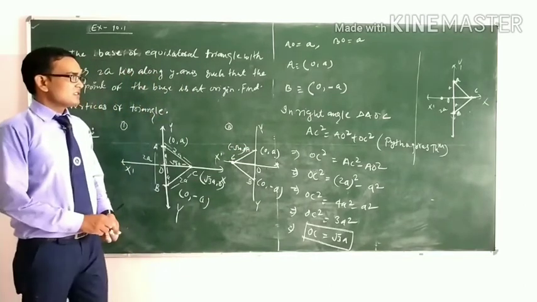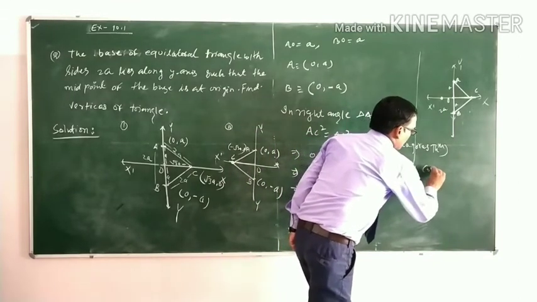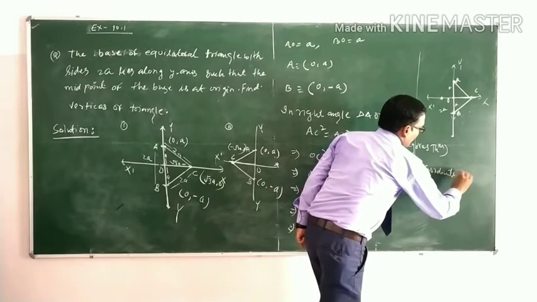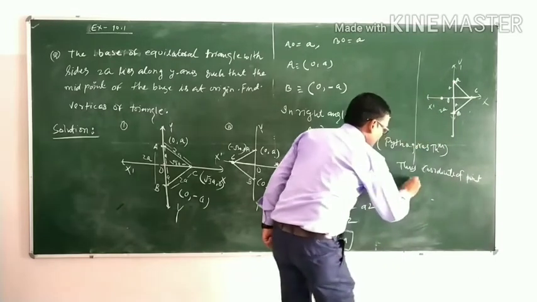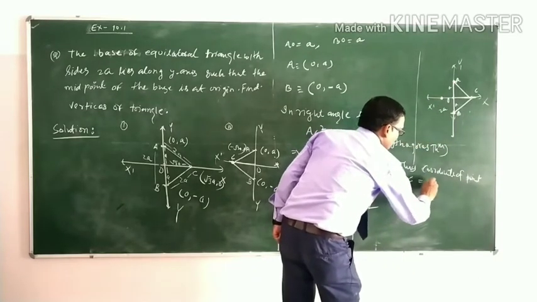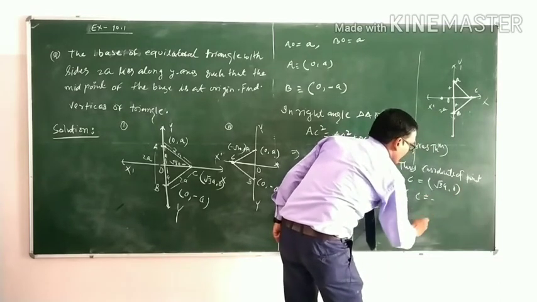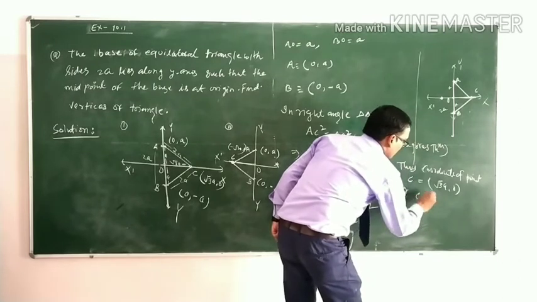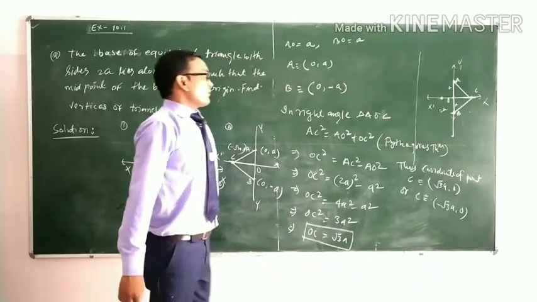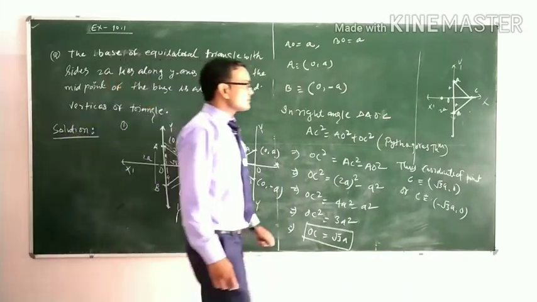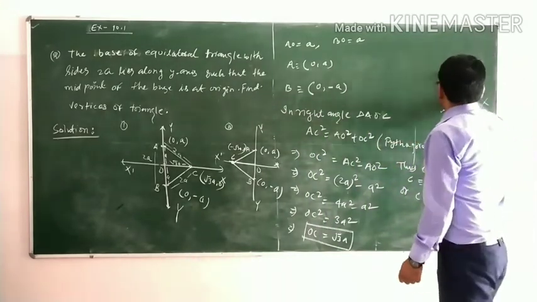Okay students, thus the coordinate of point C is square root 3A comma 0 or minus square root 3A comma 0. Finally we find the coordinates of equilateral triangle ABC.